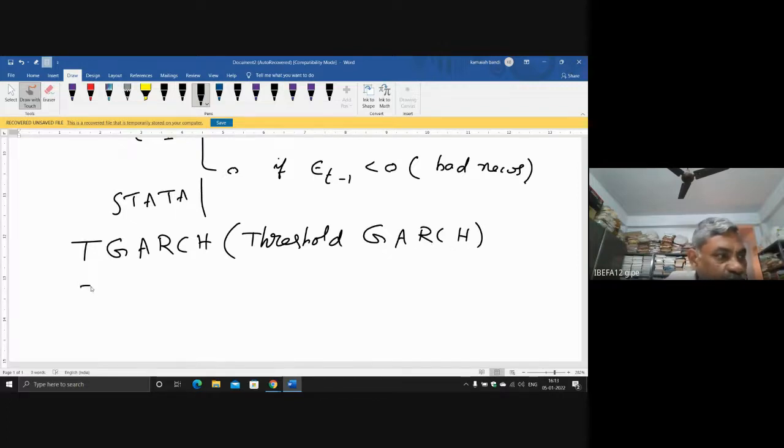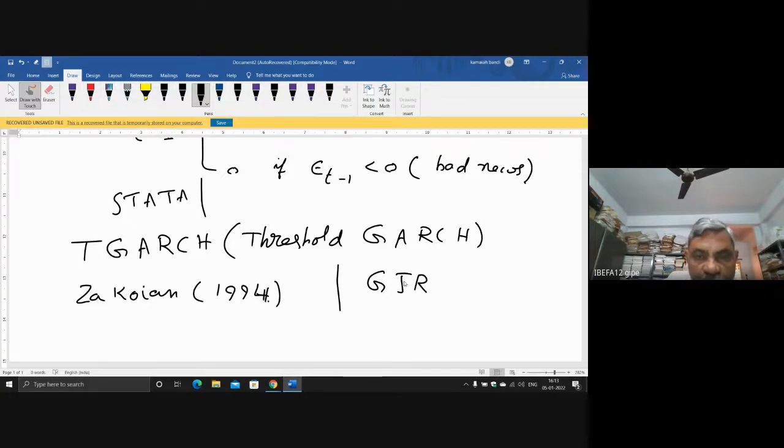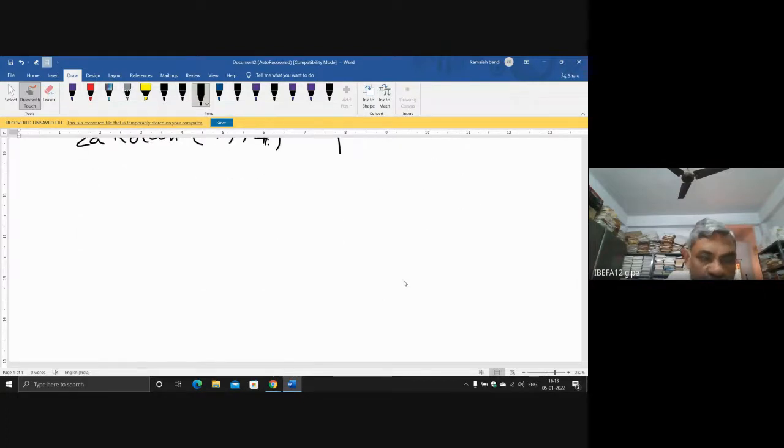This is proposed by Zakoian, 1994. This is similar to the GJR model. So the conditional variance equation of this is as follows.